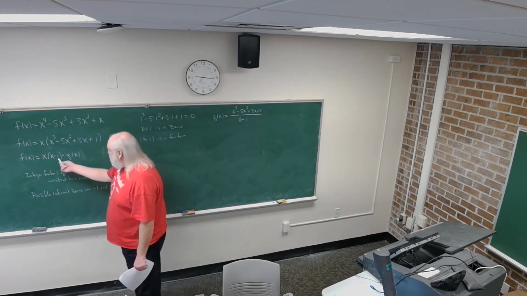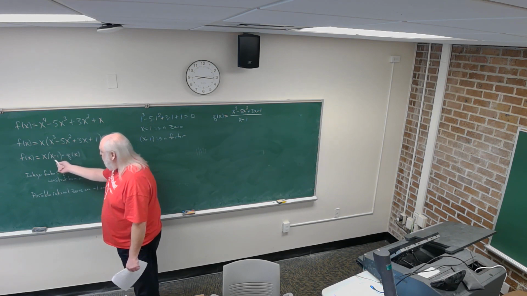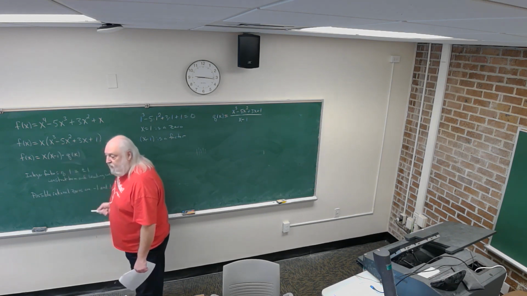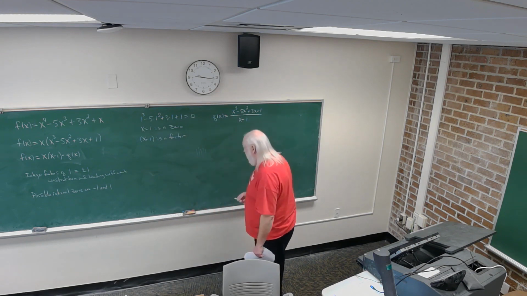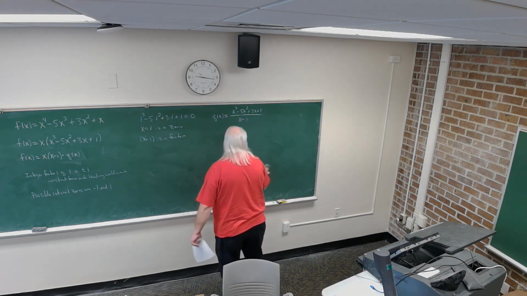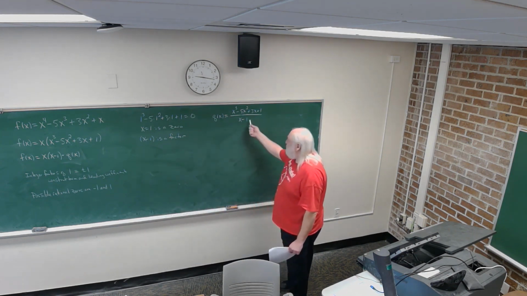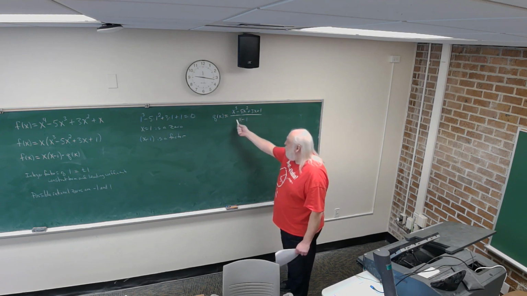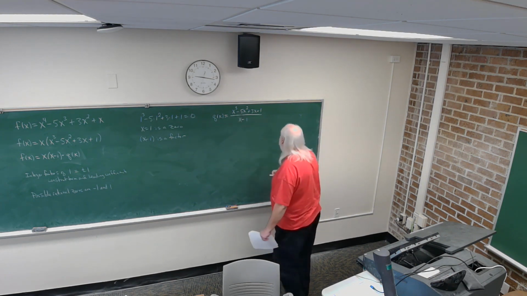Right? X minus 1 times q of x equals this third degree polynomial. So if I divide this third degree polynomial by x minus 1, I get q of x. Well, x minus 1 is linear. That's x to the first power. So we can use synthetic division, right, to divide this third degree polynomial by x minus 1.